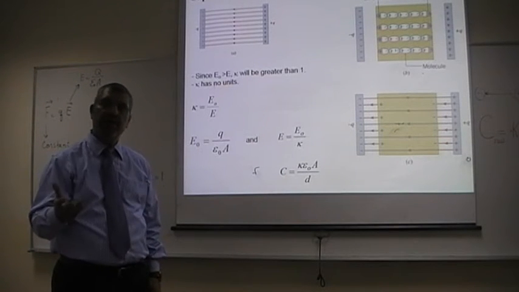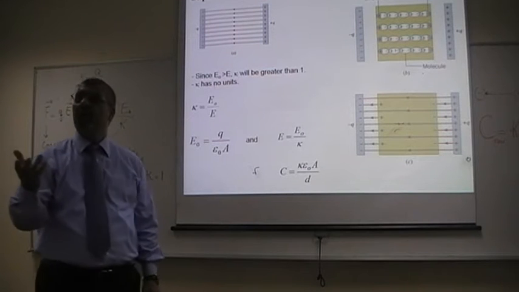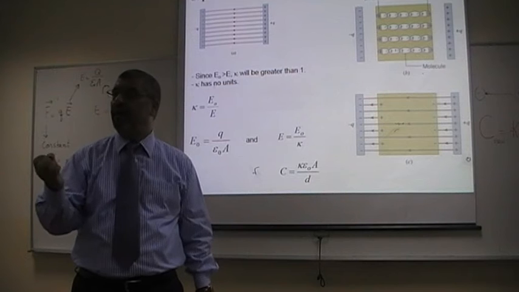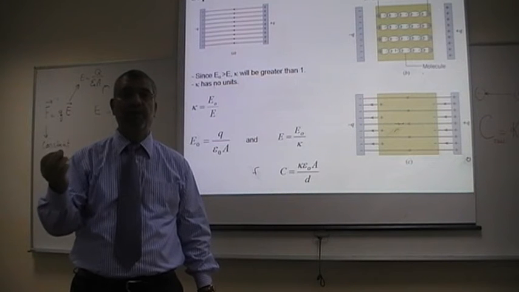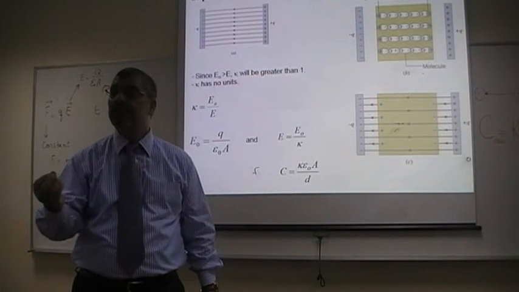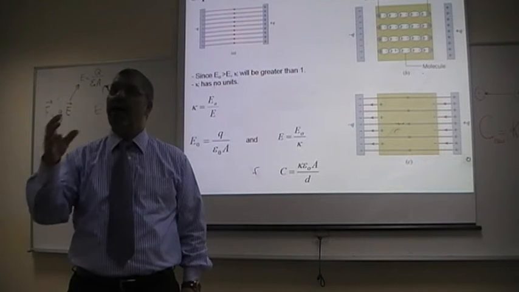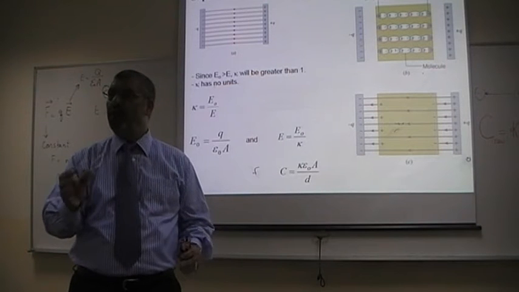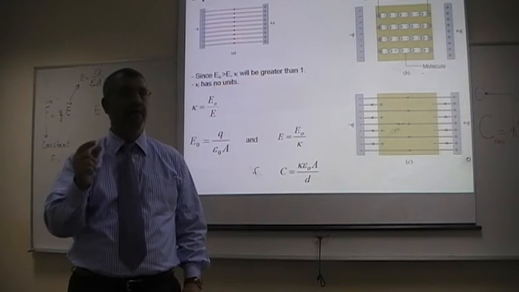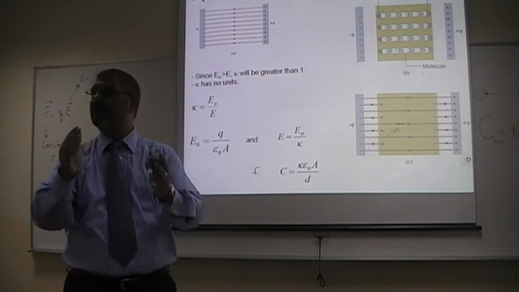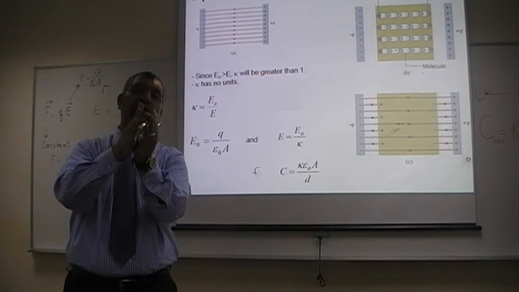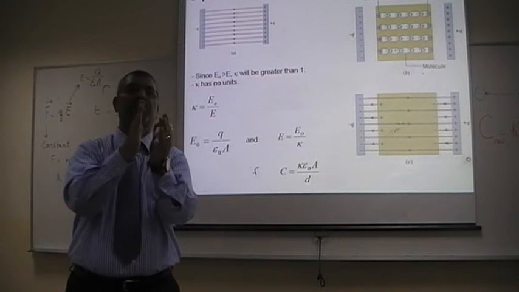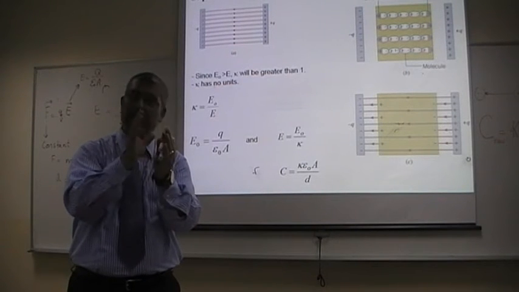So if I repeat again, and please I want help from you guys, the reason for adding a dielectric material inside the capacitor is to increase its capacitance. Engineers use it for more than that. One more advantage is that when you insert a dielectric, it helps you keep the plates parallel, so it also physically sets the plates in place.